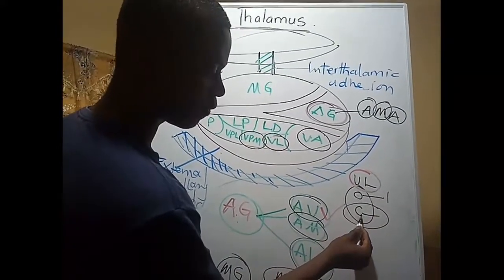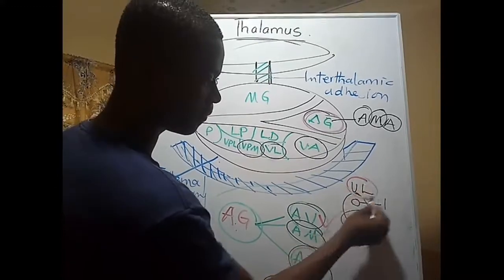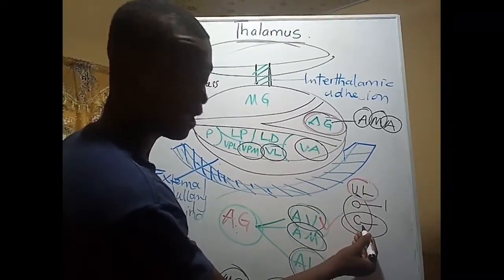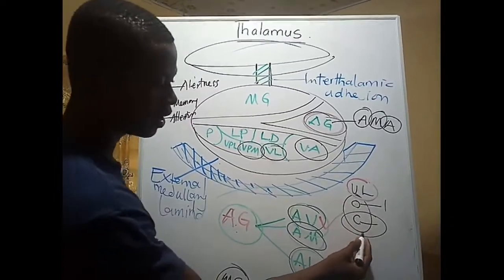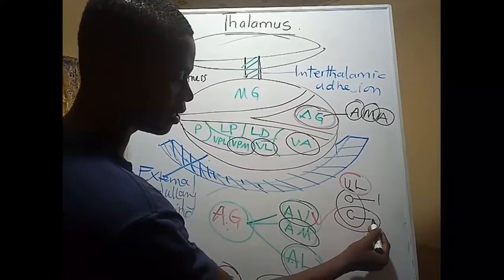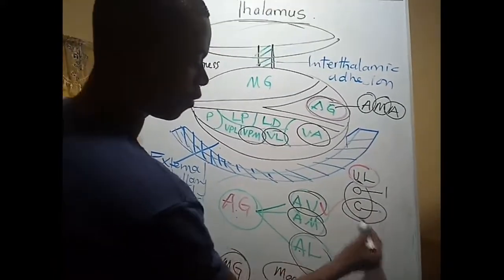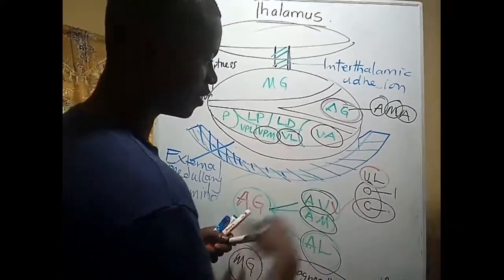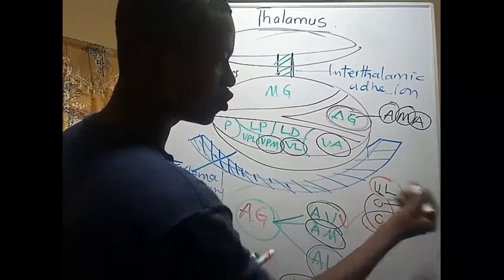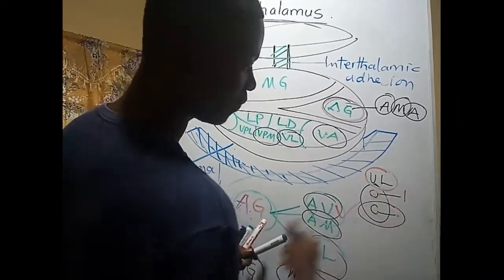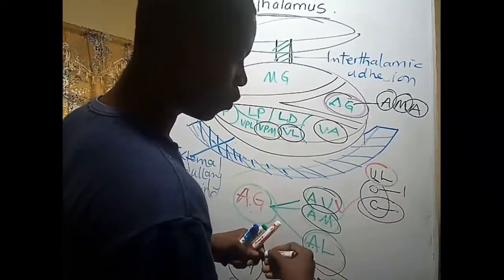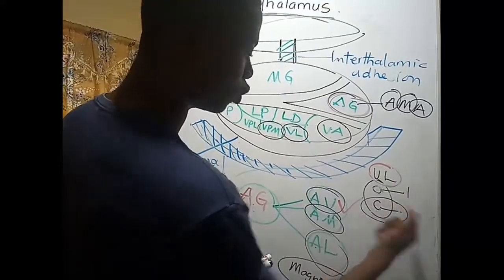And then for the caudalis part of the ventral lateral, the fibers that are coming from there are the fibers that are coming from the contralateral deep cerebellar nuclei. Is that okay? So for the ventral lateral group, the efferent fiber for the oralis goes to the supplementary motor area, and then for the caudalis, the efferent fibers will go to the primary motor area.